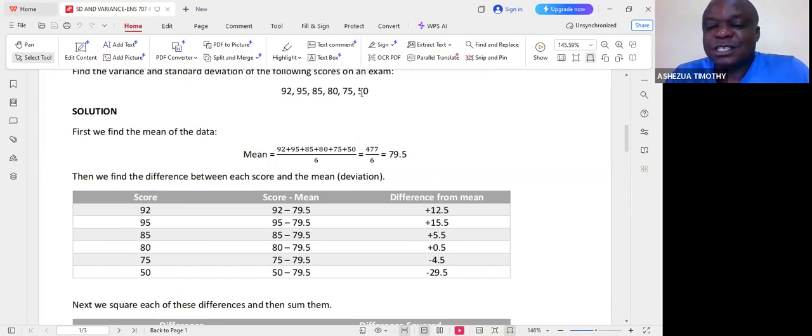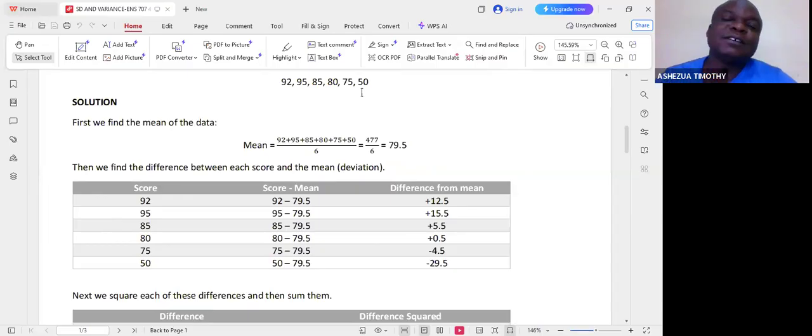So we call it xi, because we don't know the number in the distribution. In this case, we'll have 6 of them. So this is standard deviation and variance.